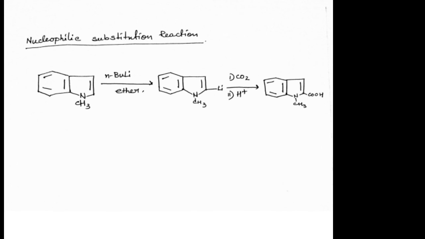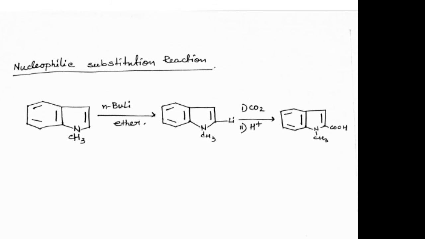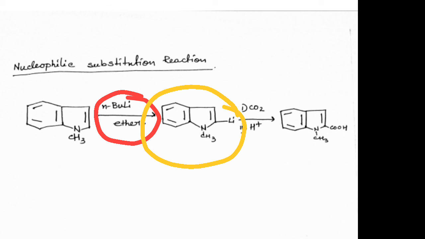Now this is the last reaction for this section, the nucleophilic substitution reaction. Here indole reacts with n-butyl lithium along with ether. Whenever butyl lithium reacts with the indole, the 2 position of the pyrrole is substituted with the lithium moiety.